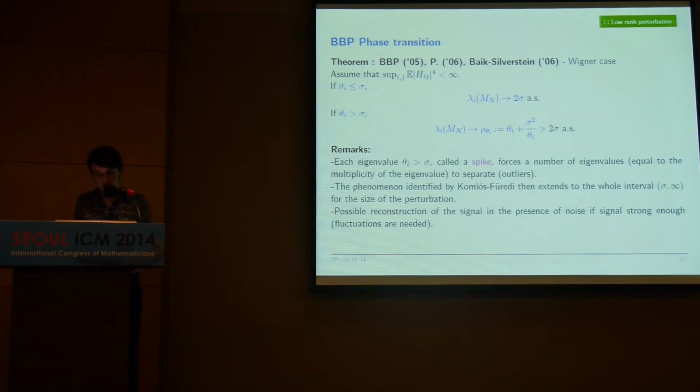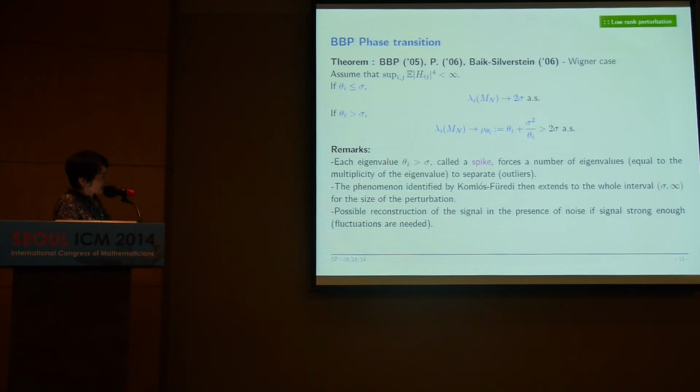But for the behavior at the edges of the spectrum, the picture is quite different. Before I state the result, I need to say that I will only consider the largest eigenvalues, but the same is true for the smallest. Okay, so actually there is a phase transition for the behavior of largest eigenvalues.